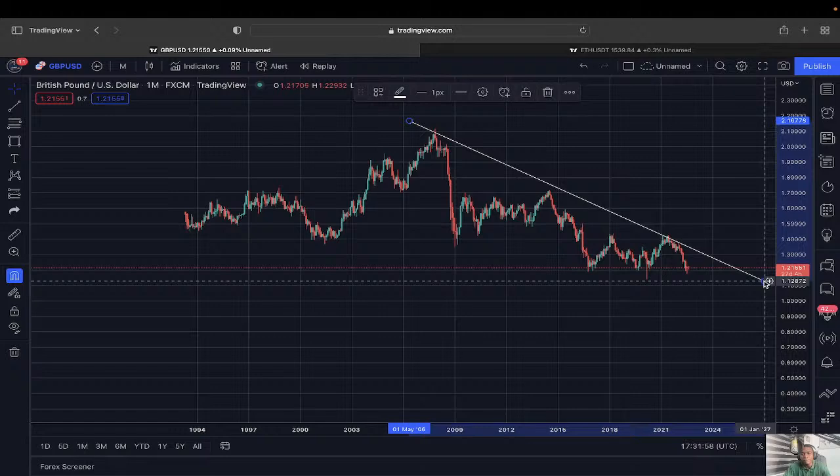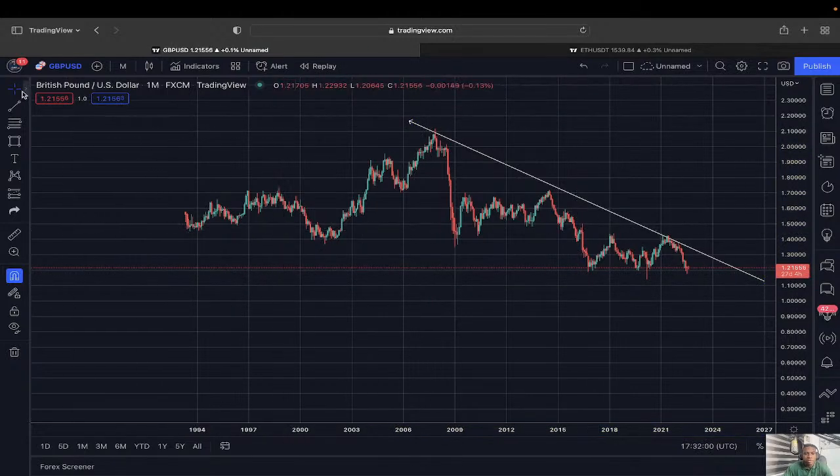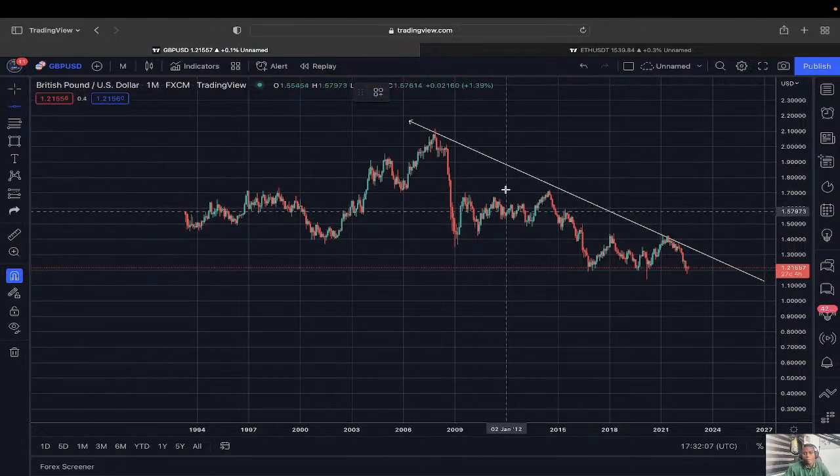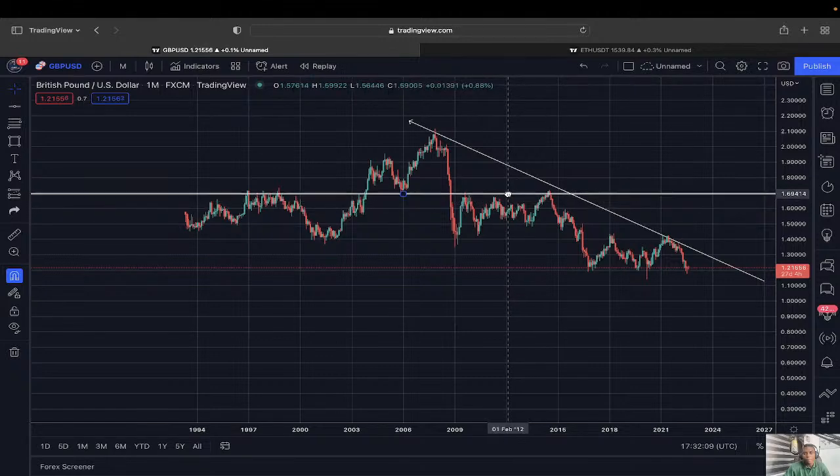Let's now map out levels of support and resistance that have happened over time.